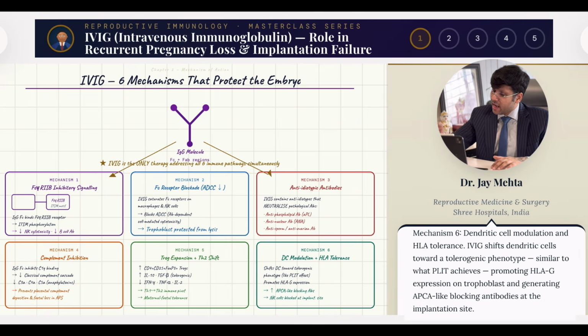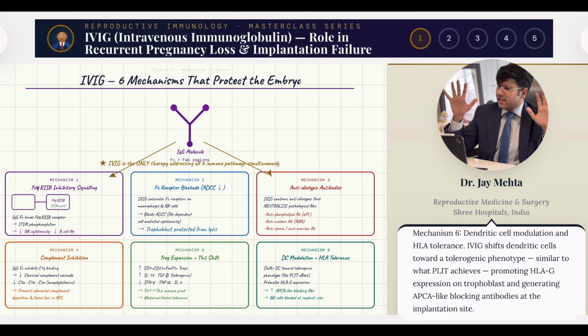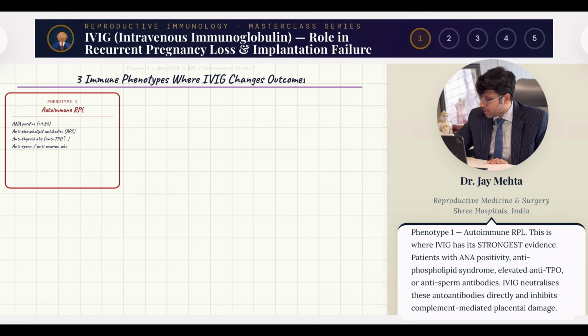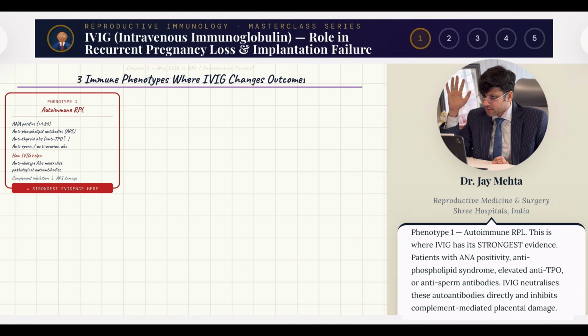It increases T helper cells too. Okay, and it also makes sure that the patient develops HLA tolerance in the body. So it is an extremely broad acting immunomodulator which you can give to a particular patient, especially to a patient who has encountered recurrent implantation failures.